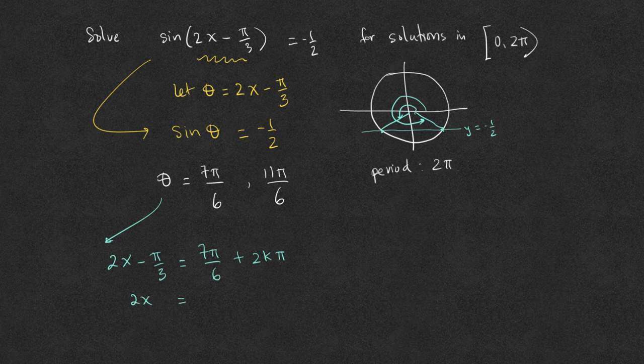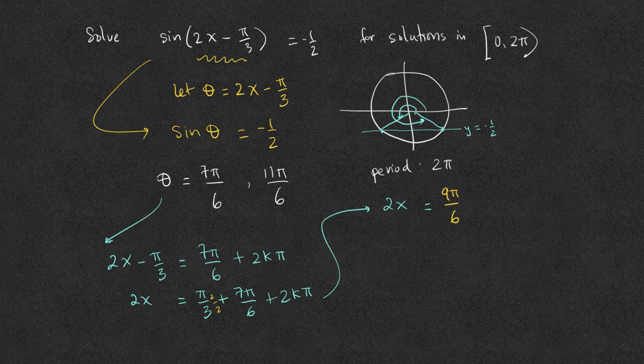2x equals pi over 3 plus 7 pi over 6 plus 2k pi. This will give us 2x equals pi over 6. We multiply 2 over 2 to get 2 pi over 6. 2 pi over 6 is 1 pi over 3. 2 pi over 6 plus 7 pi over 6 is 9 pi over 6.